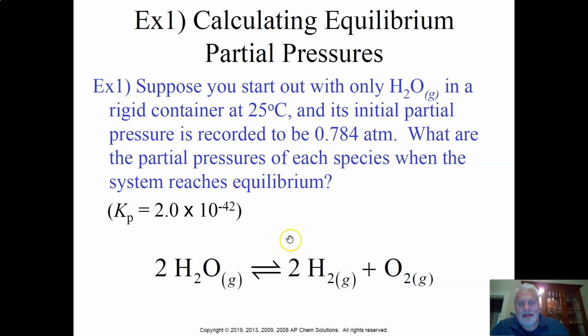And as is indicated by the equilibrium constant here being extremely small. I don't know if you've ever seen a number that small, 10 to the minus 42nd. So it really, really favors staying in the water form. And again, thankfully.